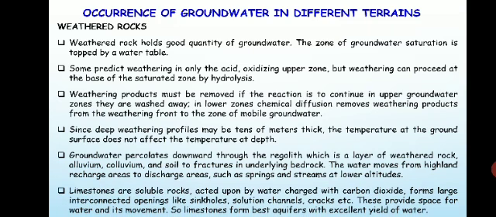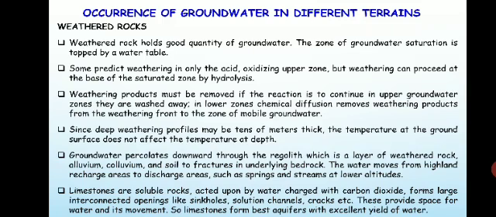So limestones are soluble rocks, as I showed you in the last figure. These are the more soluble rocks which are acted upon by water charged with carbon dioxide, and because of this, calcium carbonate reacts with CO2, the carbon dioxide. The reaction will take place.